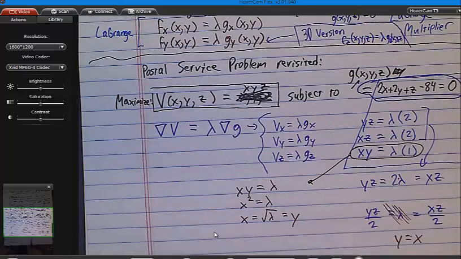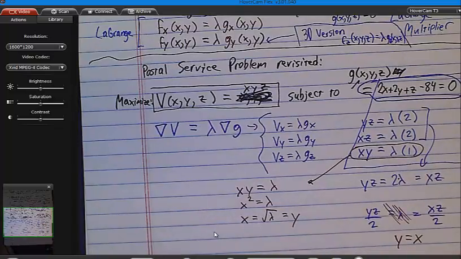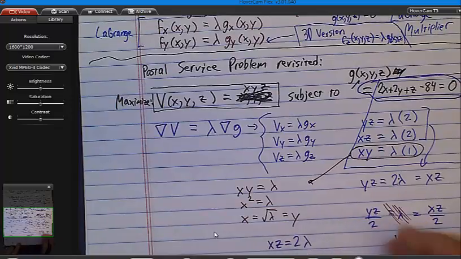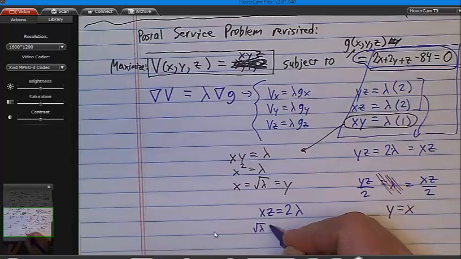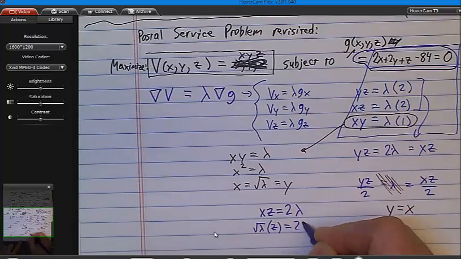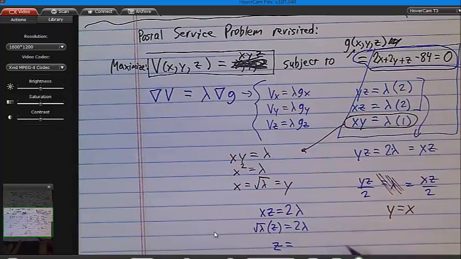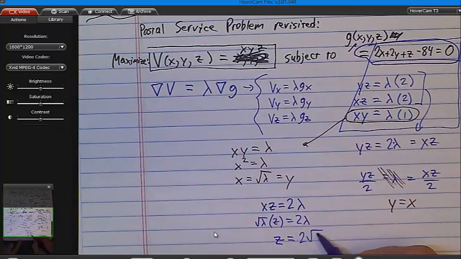Give me an equation with z, guys, any one of them. Okay, xz equals 2 lambda. Let me work with that. If x times z is 2 lambda, what should I do next? Well, the square root of lambda times z is 2 lambda. So let's divide both sides by the square root of lambda. What does z equal? 2 square root of lambda.